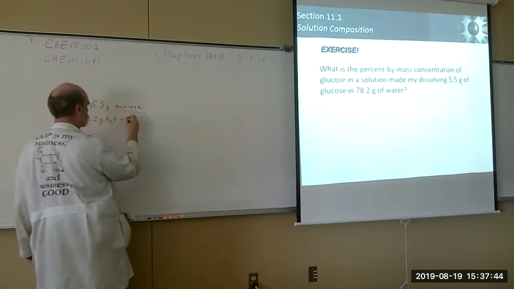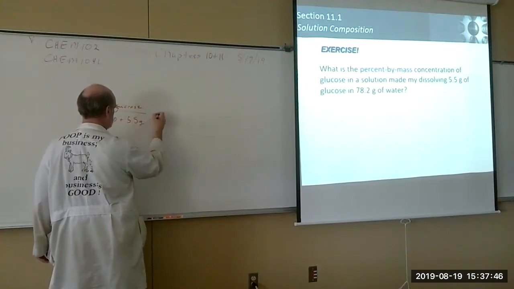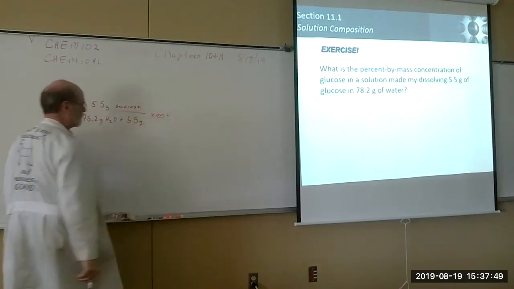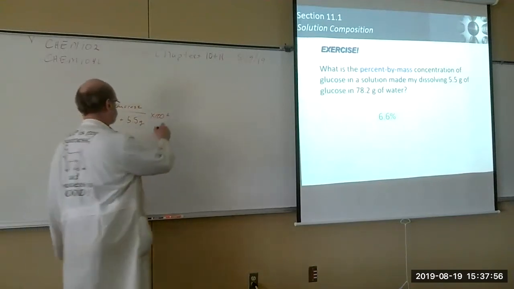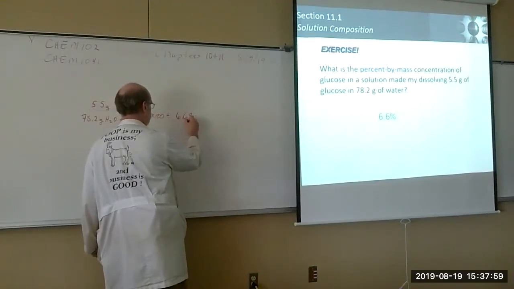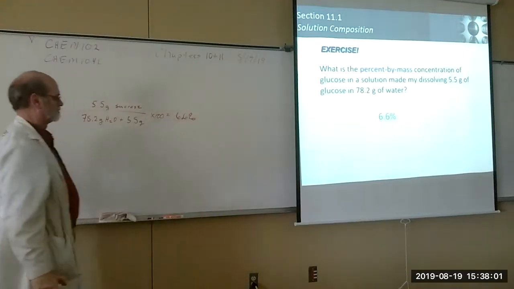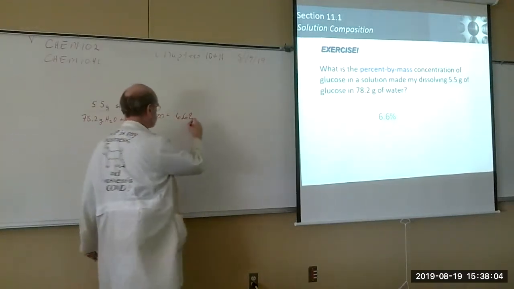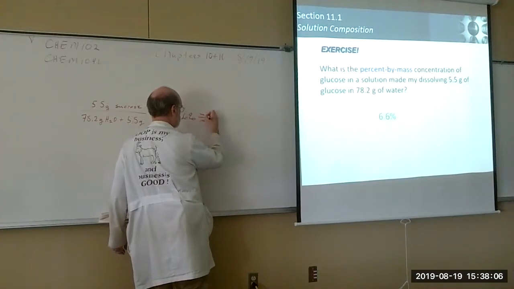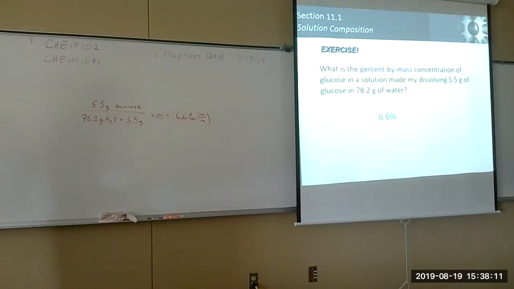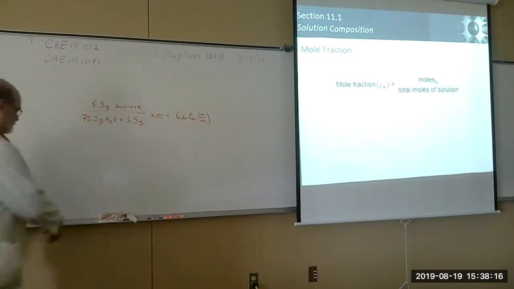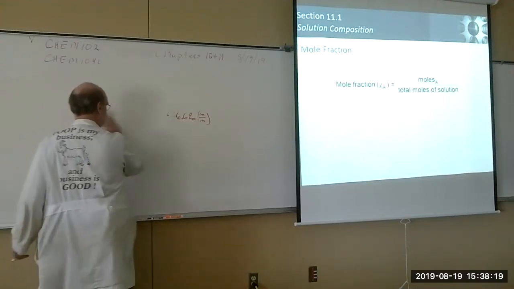So the total mass of the solution, you have to add them together, times 100. 6.6%. And to be safe, let's put mass percent. That was so easy it only deserved one slide.